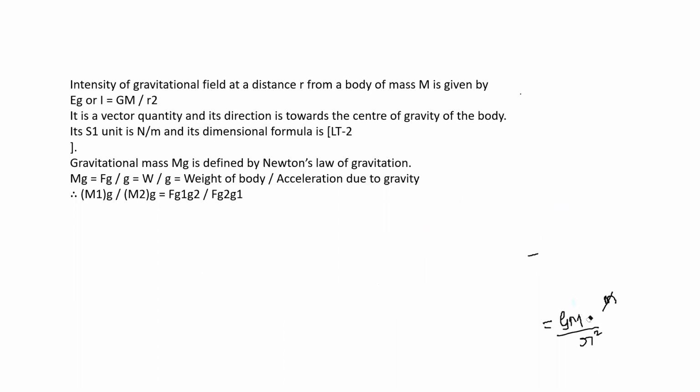F g1 by F g2 is equal to m1 g1 by m2 g2. So this is the gravitational mass formula. Okay, so gravitational force is taken as m into g, that is nothing but weight itself.